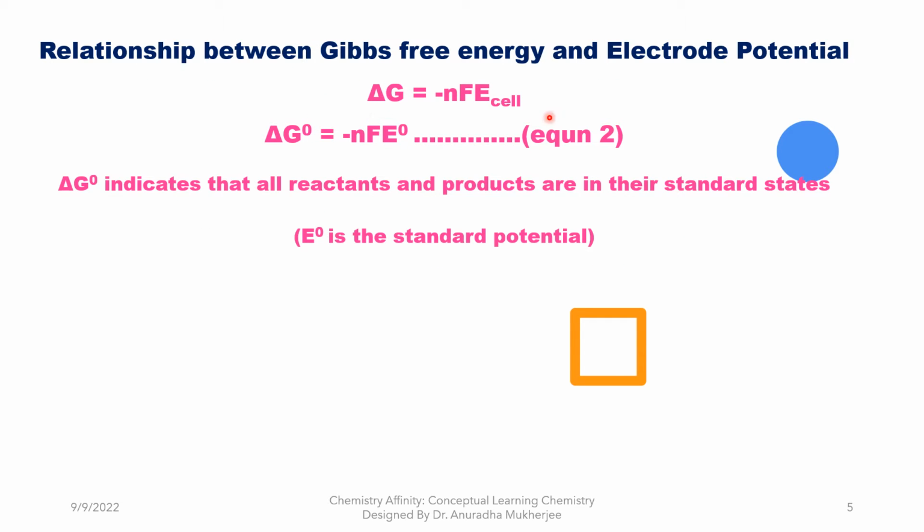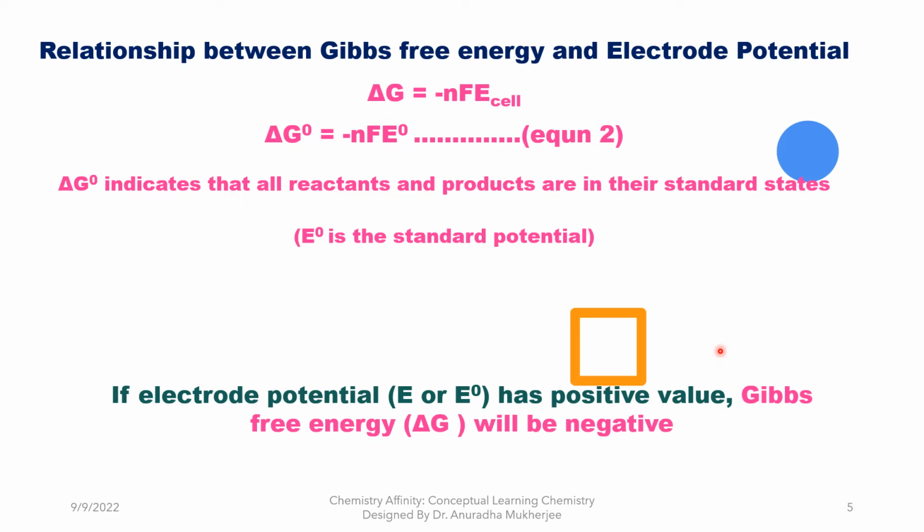The relationship between Gibbs free energy and electrode potential is delta G equal to minus NFE cell. When we are talking about standard conditions, the equation will be delta G0 equal to minus NFE0. Delta G0 indicates that all reactants and products are in the standard state, and E0 is the standard potential.